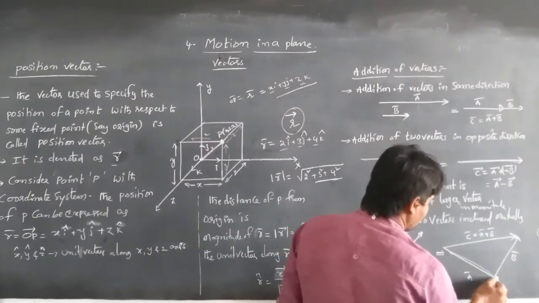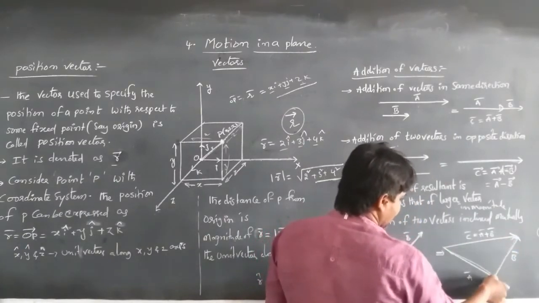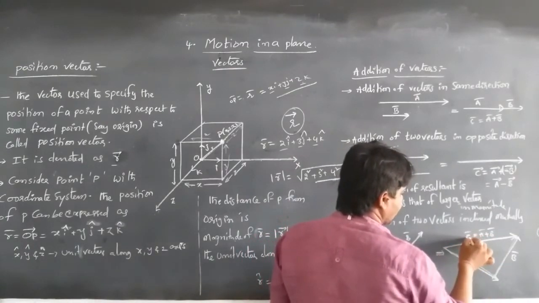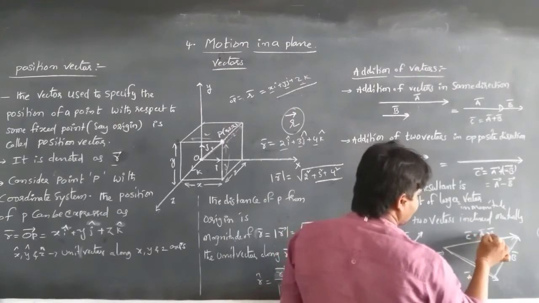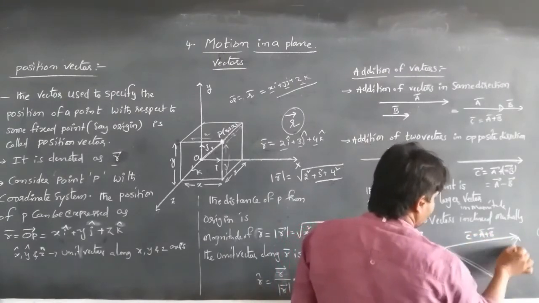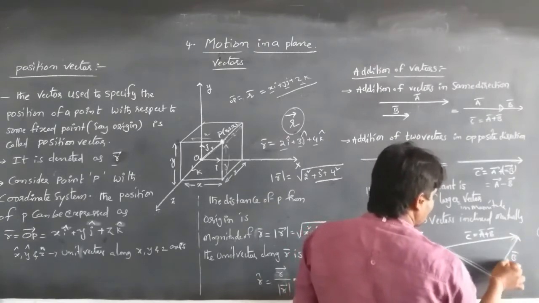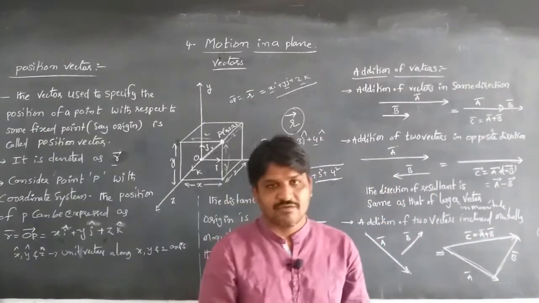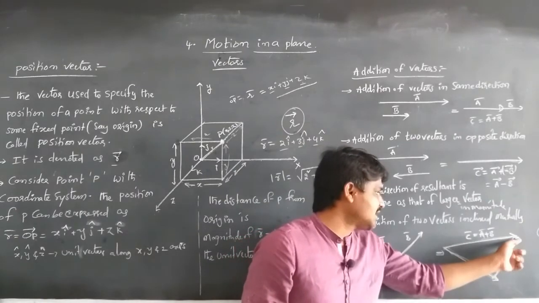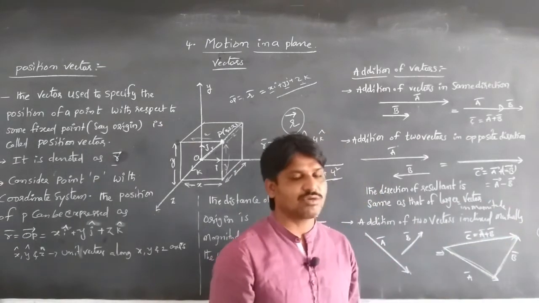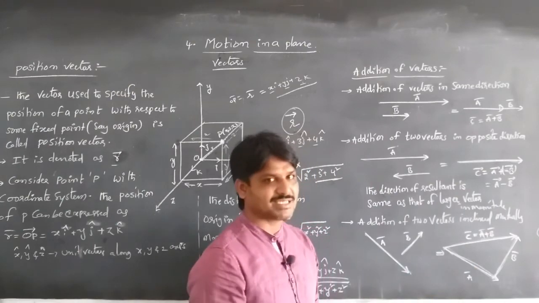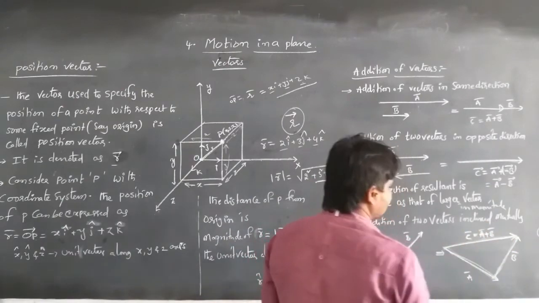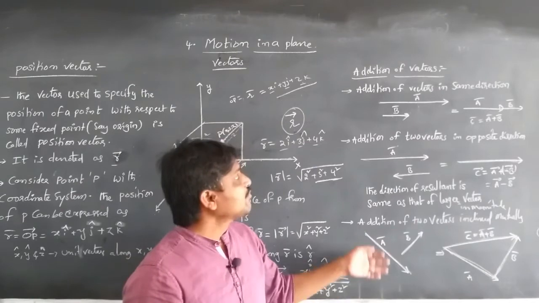Always remember, the resultant vector is in the opposite direction to the direction of the vectors. If both are anti-clockwise, then the resultant vector is in a clockwise direction, according to the triangle of vectors. Next we will discuss the triangle of vectors. So C bar is equal to A bar plus B bar is the resultant vector. These are about the addition of vectors.